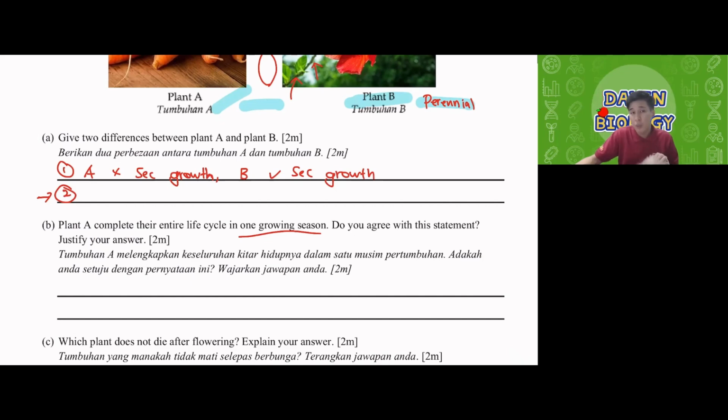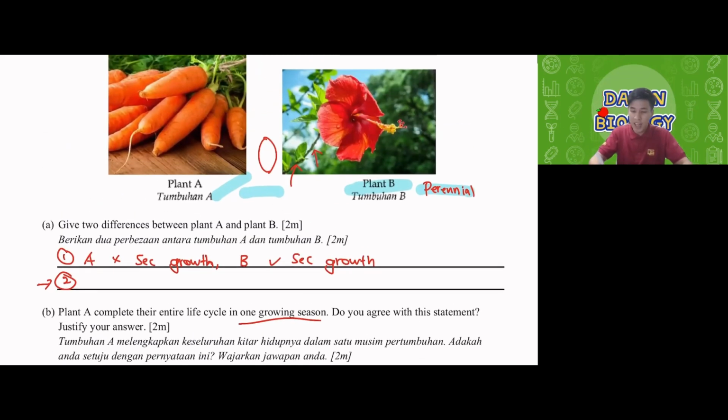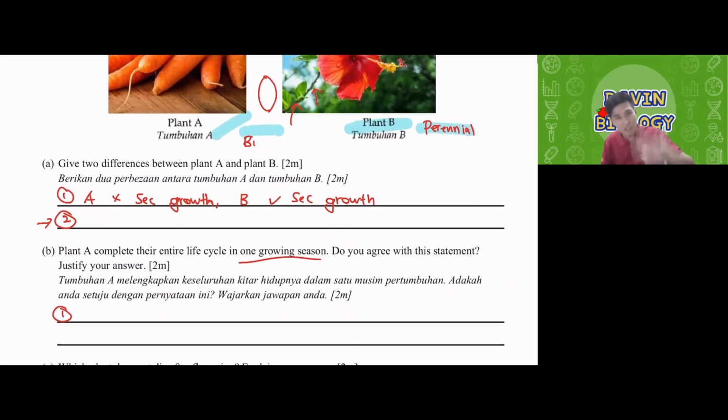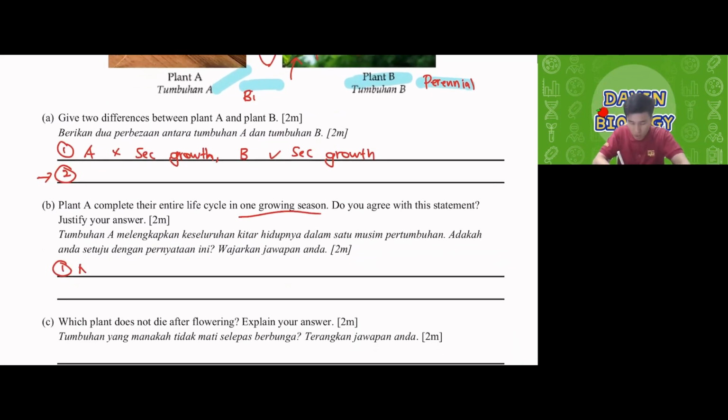Is it correct? 1 growing season only. Oh, we go to NLD, come on, faster. Yes or no? No, right? Definitely it's not correct. You really saw what a biennial plant is just now, right? So bi, how can it be 1? Bi is 2 years, so no.